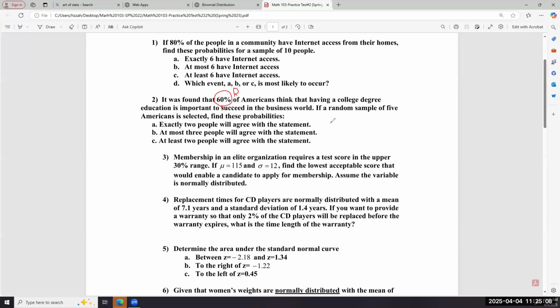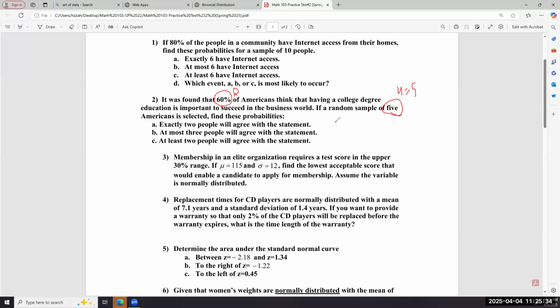You look for the sample size. If a random sample of 5 people, so N is equal to 5. So it's a binomial distribution with a probability of success of 60% and a sample size of 5. Now change the problem into symbolic form.